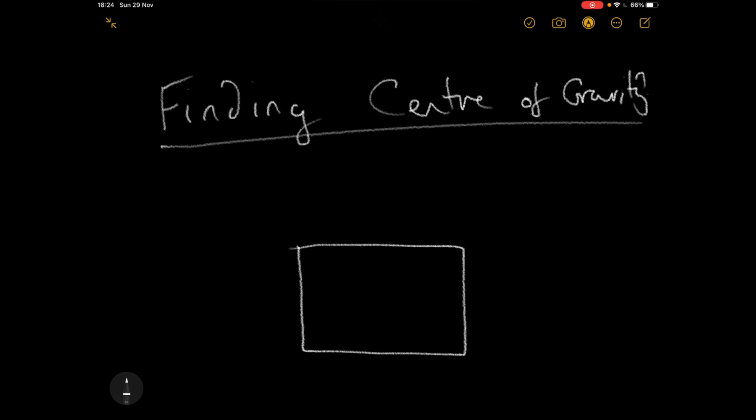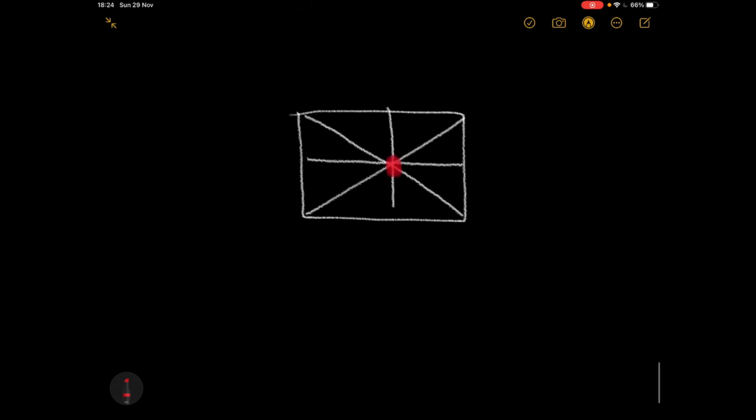And it's symmetrical not just in terms of shape, but in terms of its density and therefore the mass distribution. Well, that just means it's just going to be along the lines of symmetry. The centre of gravity is basically going to be here. That's just what it is. And for most blocks that we put onto ramps and things, that's what we can assume it is. It's just right in the centre.